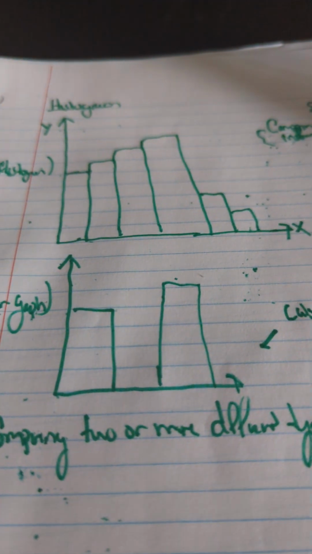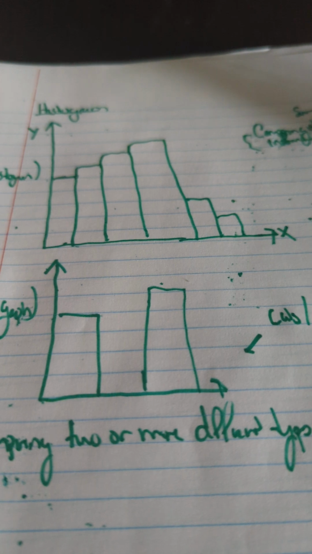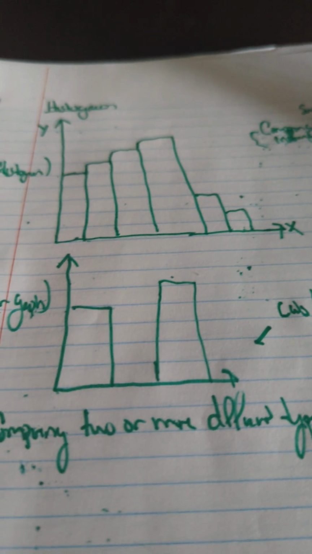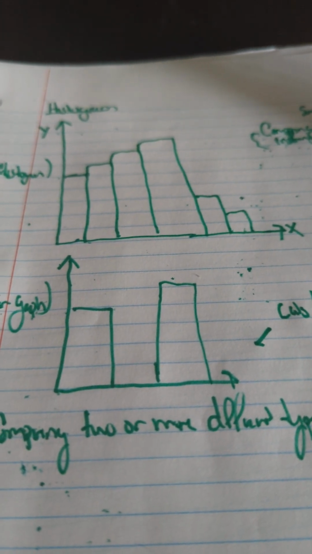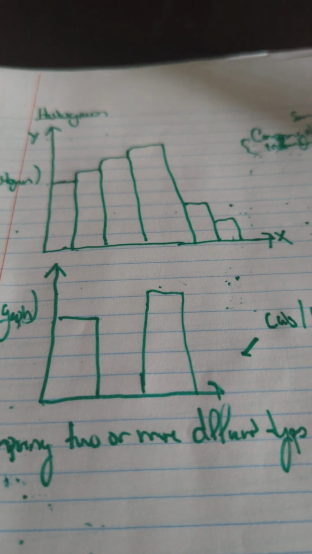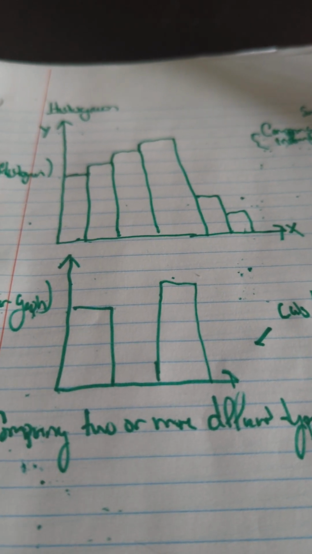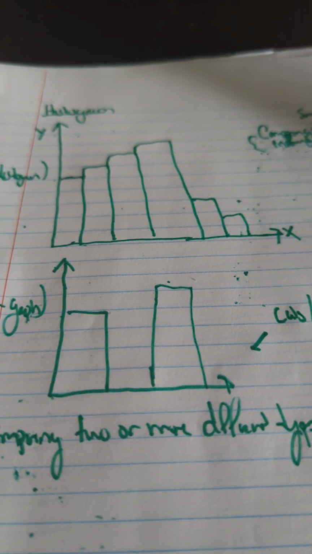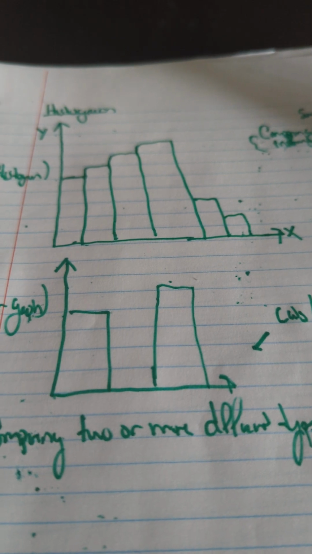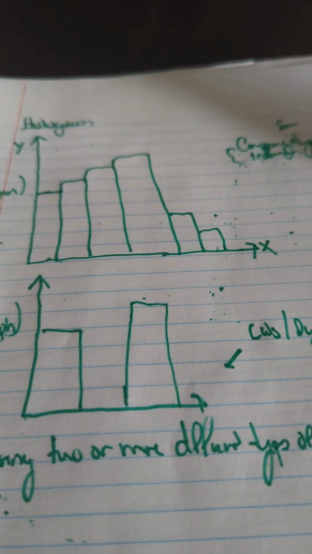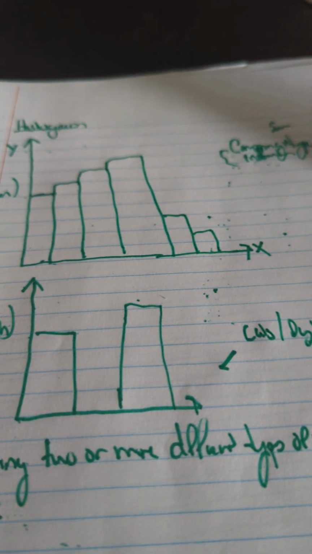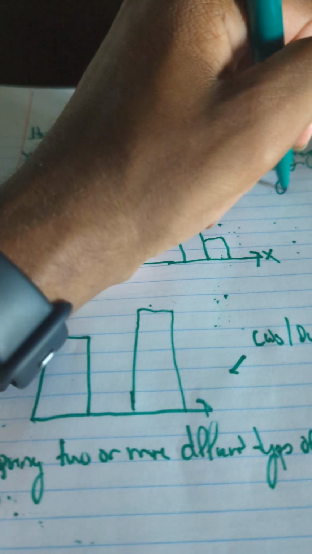But in a histogram, it's not necessarily the same. You would use a histogram if you're trying to sort out grades, for example, and you want to see a statistical analysis of grades in a classroom.